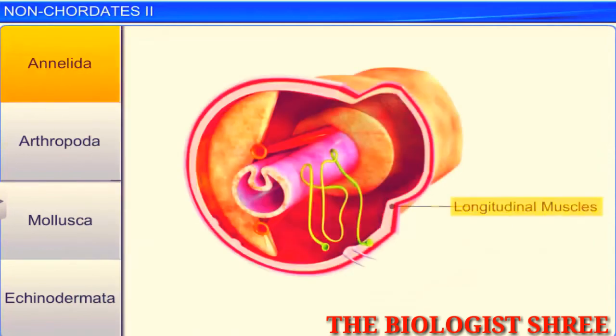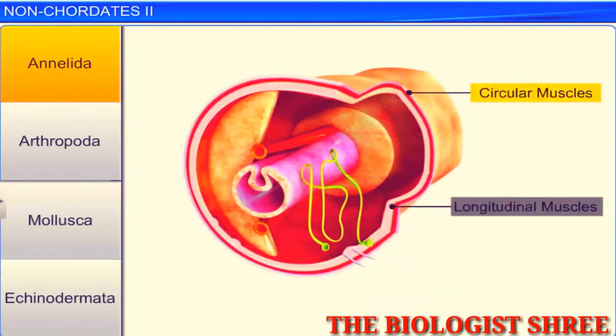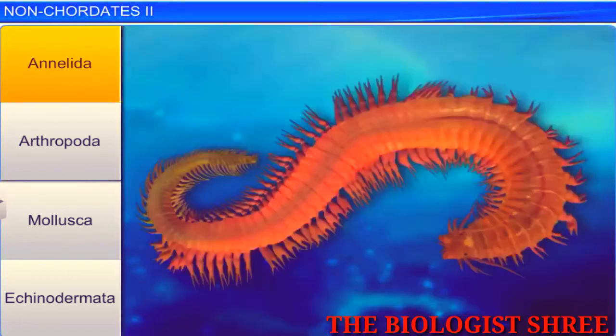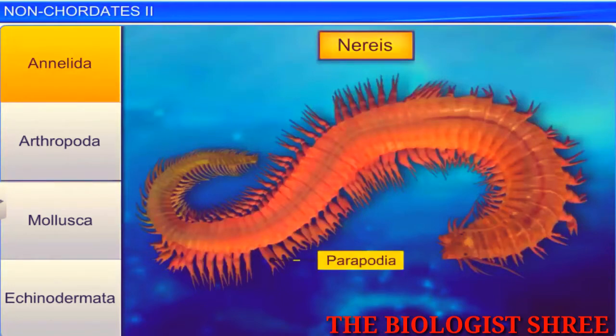Annelids move with the help of longitudinal and circular muscles. Along with these muscles, setae are also helpful in movement. Aquatic annelids like Nereis have lateral appendages called parapodia for swimming.